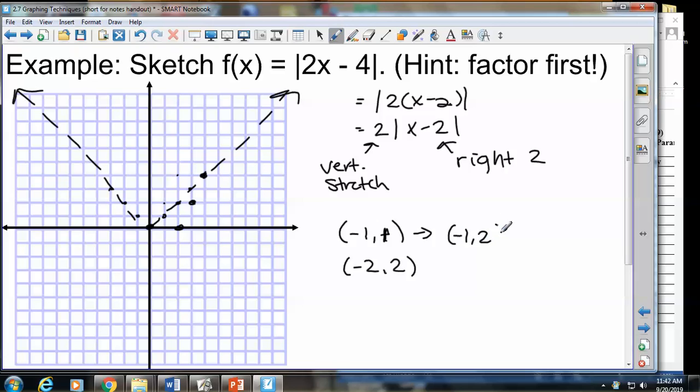I'm taking my point, I'm taking the y times 2, so this becomes negative 1, 2, and then we have to move it to the right 2. So negative 2, 2. If you take your y times 2, that's negative 2, 4, and then I move it right 2. So that would be my final part.